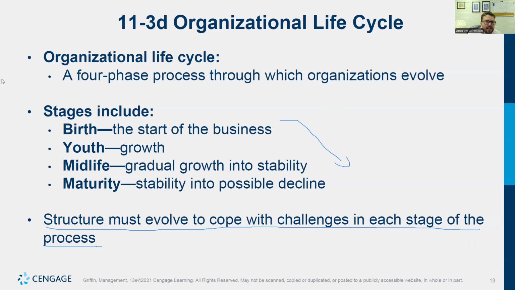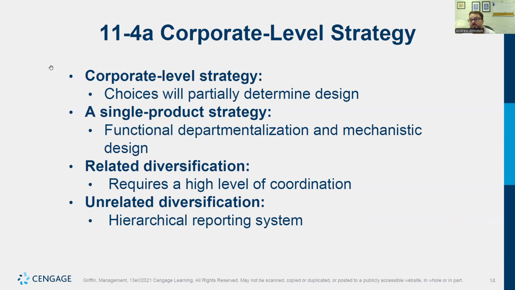So getting increasingly sophisticated in terms of taking a contingency perspective, viewing that there is no one best way for all firms or even for the same firm across its whole life. Other considerations for corporate design or organization design rather include the strategy. What is the corporate level strategy?